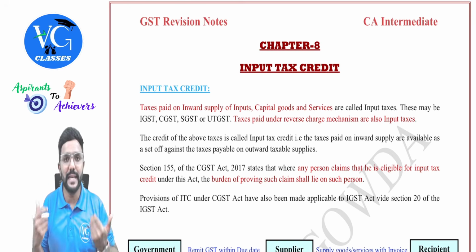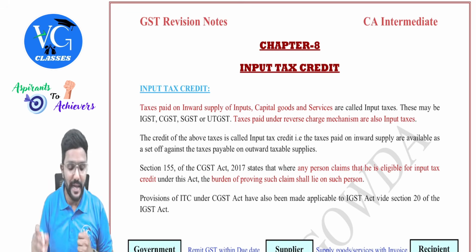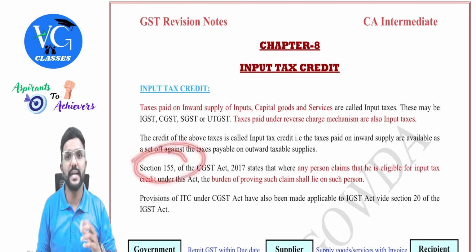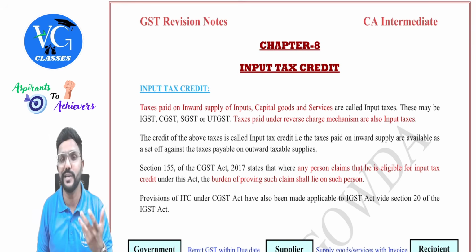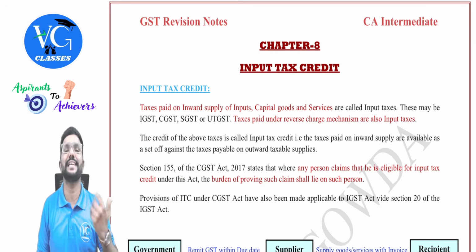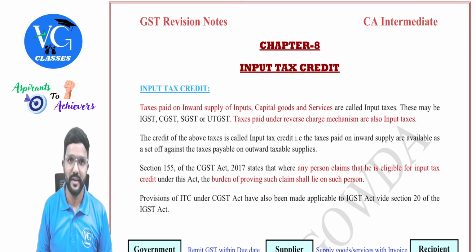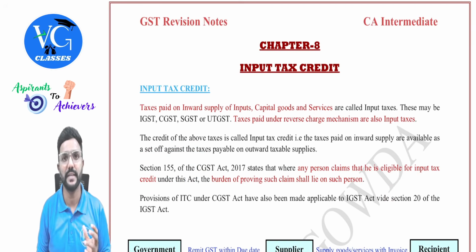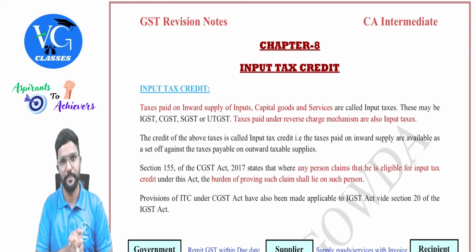And if a person is eligible to claim input tax credit, as per section 155, it is his onus to prove that yes, he is eligible to claim credit. And as I already mentioned, as per section 20 of the IGST Act, whatever provisions we are learning under the CGST Act with respect to ITC, the same is applicable even for interstate supply.